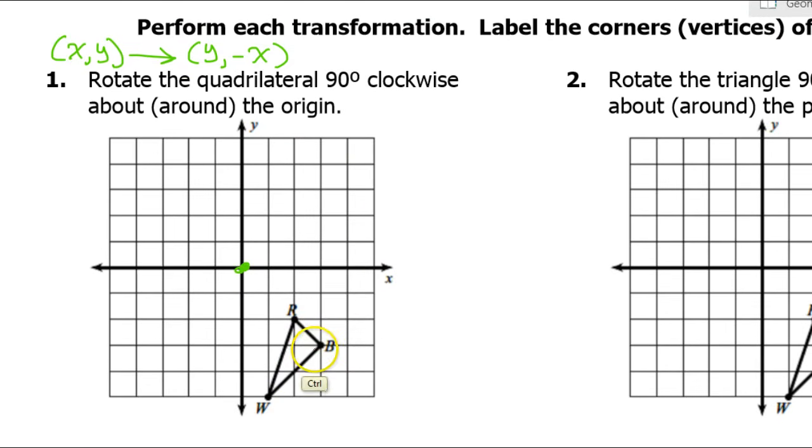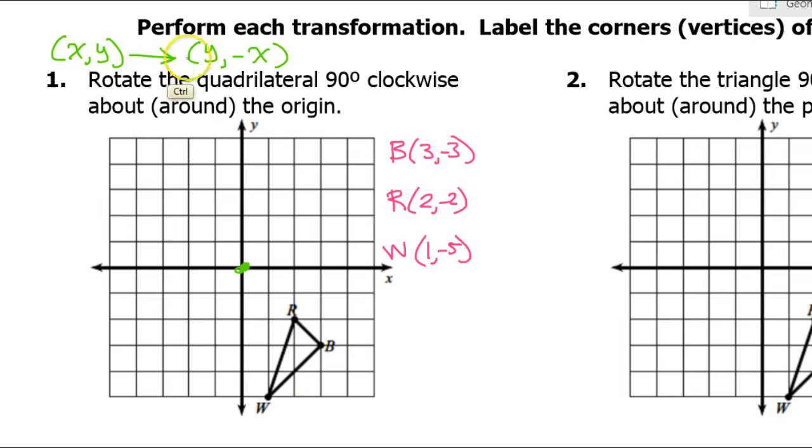We have point B, and I see that point B is 3, negative 3. And we have point R, and that's the point 2, negative 2. And then we have point W, and that is the point 1, negative 5.